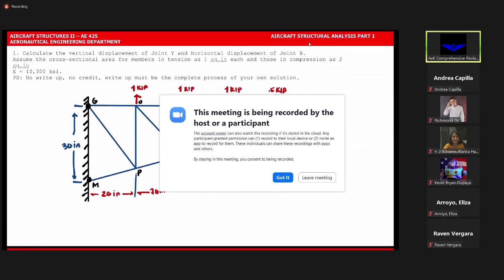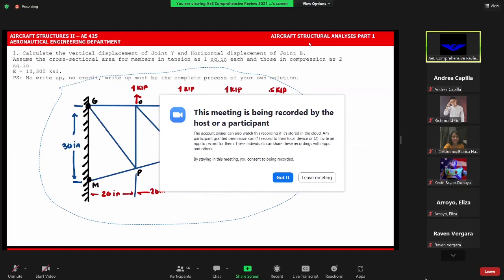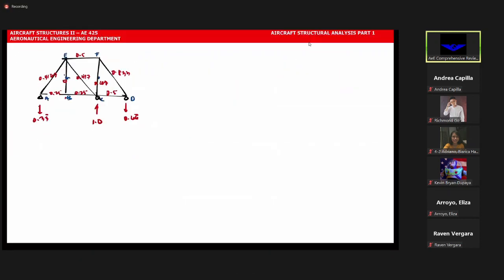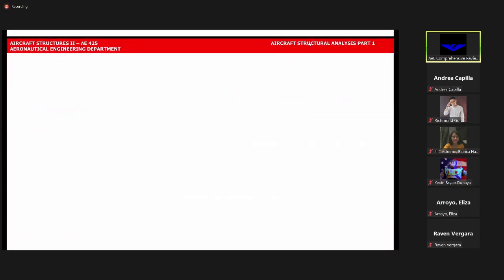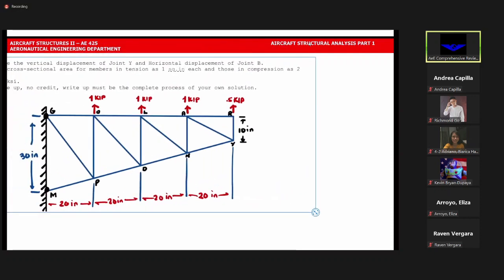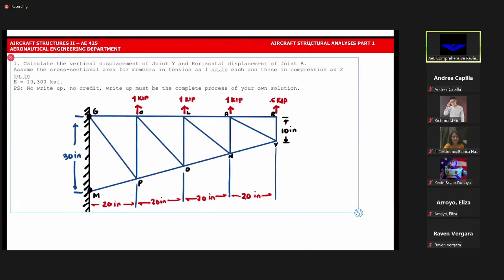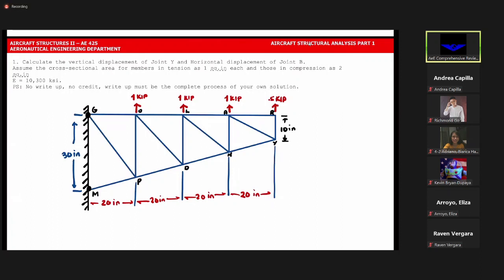Okay, so again, paano natin isinosolve yung mga ganitong problem? Okay. Copy ko lang to. Okay, so una nating gagawin dyan is kailangan nating makuha yung mga determined angle nung ating truss.